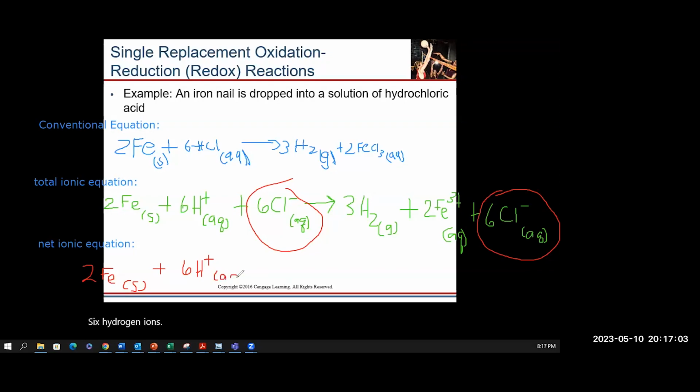Okay, 3 H2 gas, the products, plus 2 Fe ions, 3 plus, yeah.